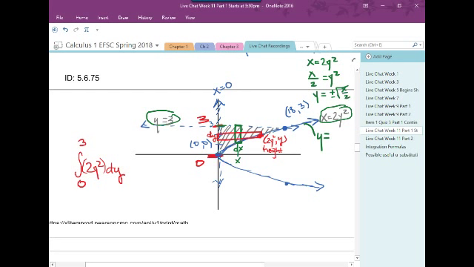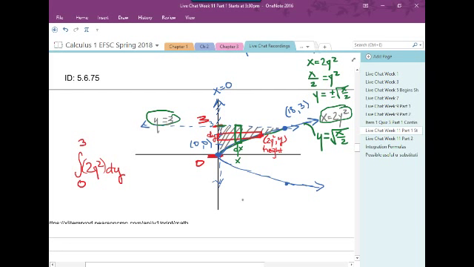There's no way to write this as a y equals function without splitting it into two separate parts, the top half of the parabola and the bottom half of the parabola. But we're looking at the top half, the positive y value, so we would just write this as square root of x over 2. All right, so remember that's the bottom of our shaded region, the boundary y equals square root of x over 2.